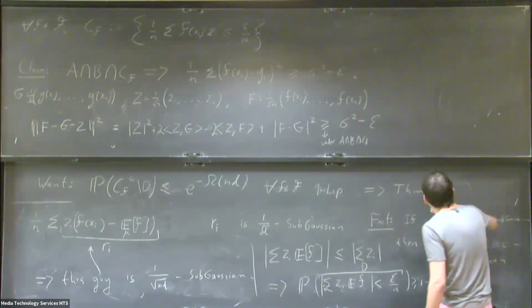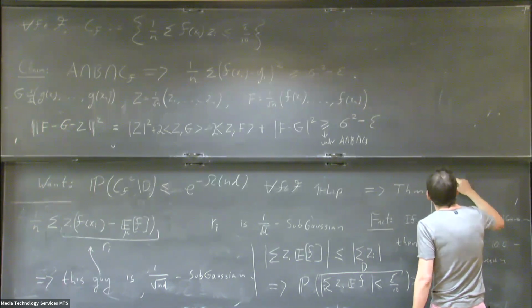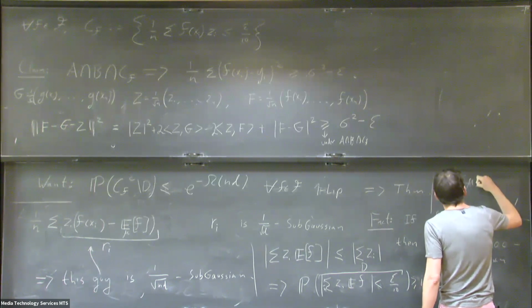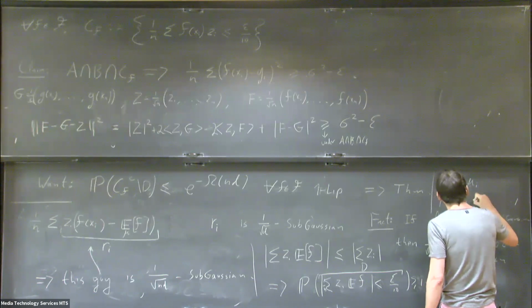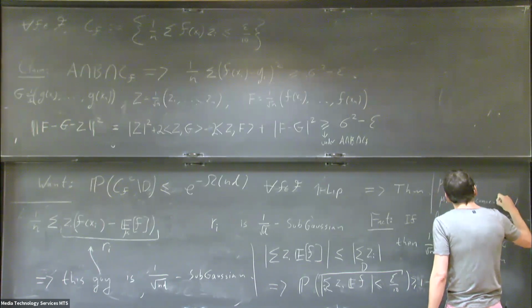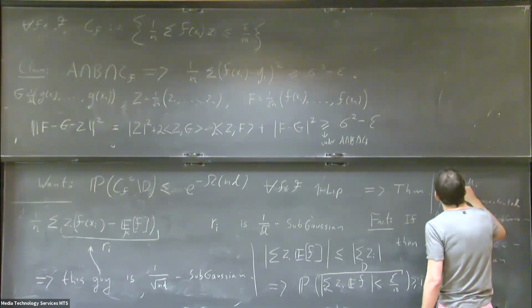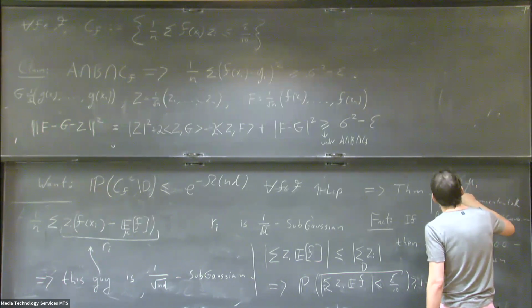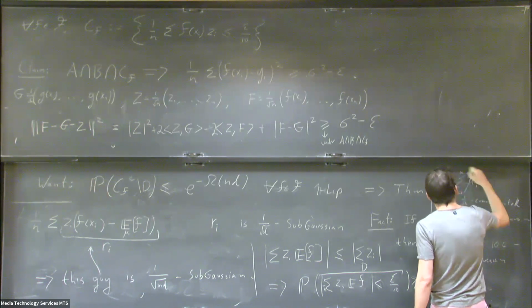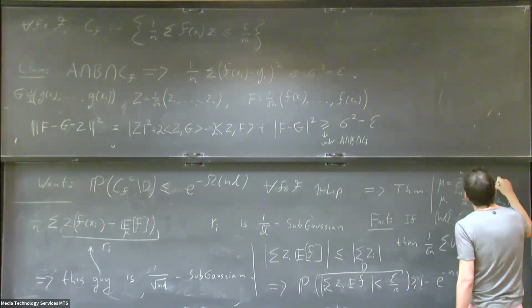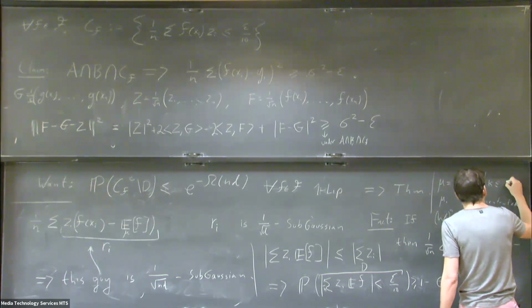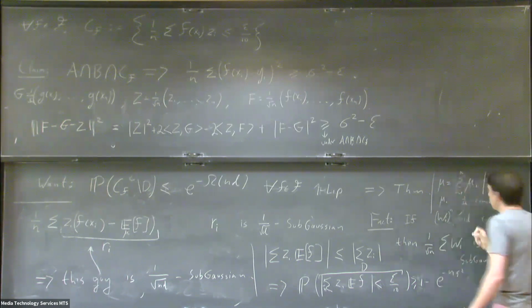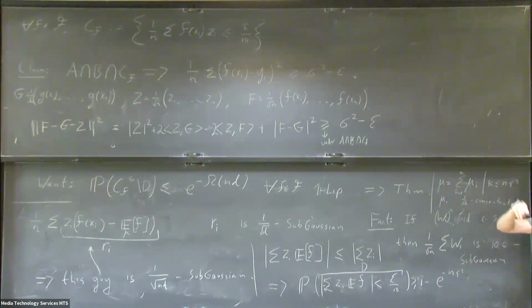So it's okay if mu is the sum of mu_i, where the mu_i are 1 over root d concentrated, and the number of summands i goes from 1 to k. The number of summands just has to be not too much bigger than n. It has to be at most something like n epsilon squared, which is pretty strong. So we can decompose it into a pretty large number of summands.